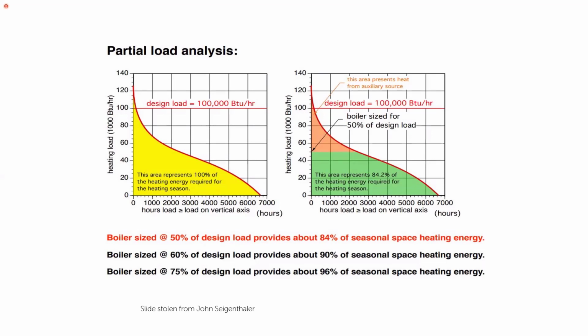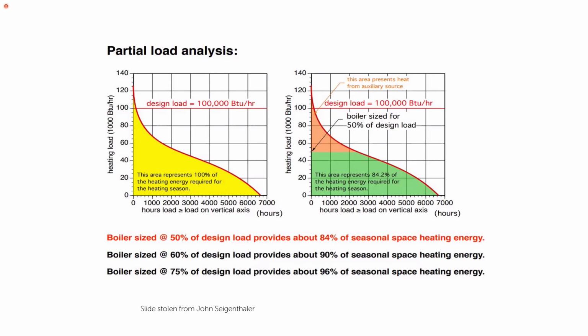On the right, what we see is that about 80% of the heating season, you're not even coming close to the maximum design load temperature for the building. So the bulk of the heating season, you're going to be needing to use less of the maximum potential of your heating appliance to satisfy the demand for the building.